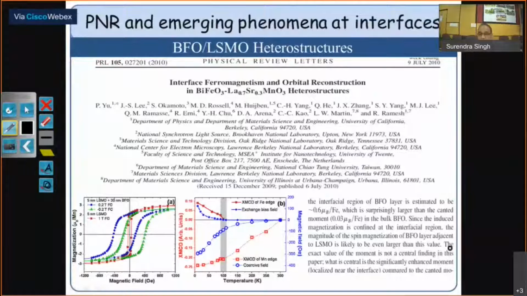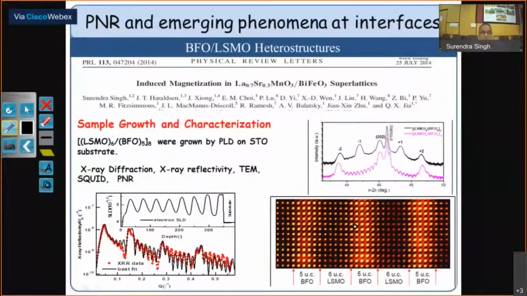They found, okay, 0.03. Then around 2014, we studied the system. We made a multilayer BFO superlattice of these systems of different thickness, and we did all kinds of characterizations.